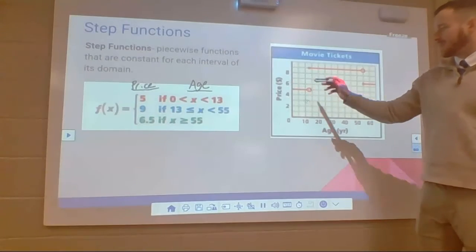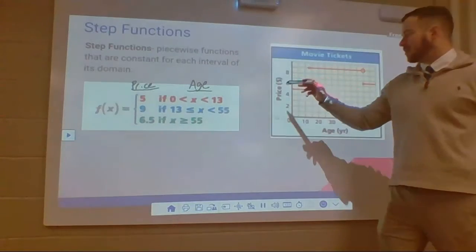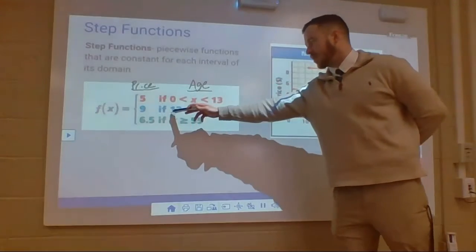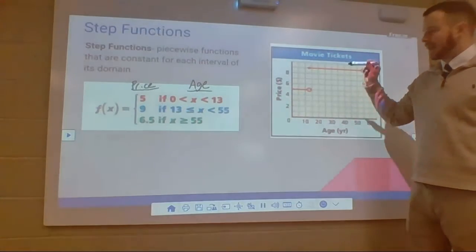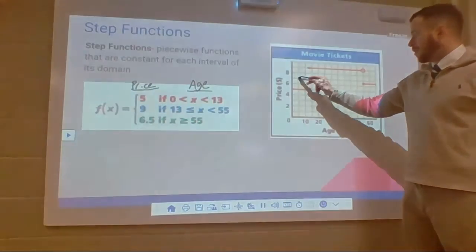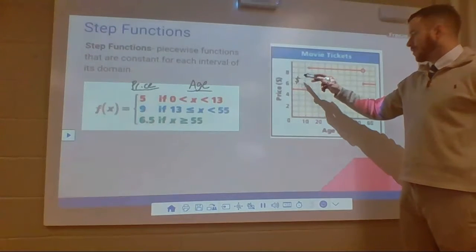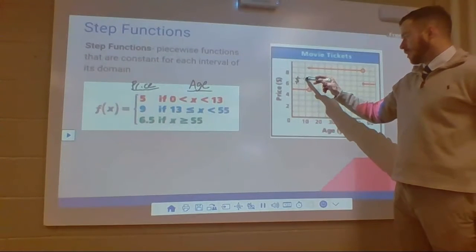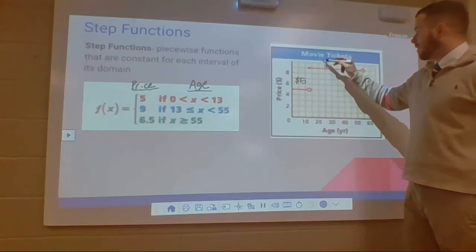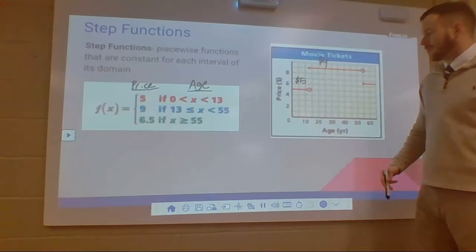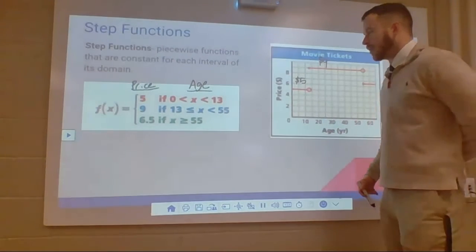So what this means is that as soon as you turn 13, and we can see that on that graph, as soon as you turn 13 years old, you are paying $9. So from the time you're born till you turn 13, you're paying $5, and then you're paying $9 as soon as you turn 13. Happy 13th birthday, right?